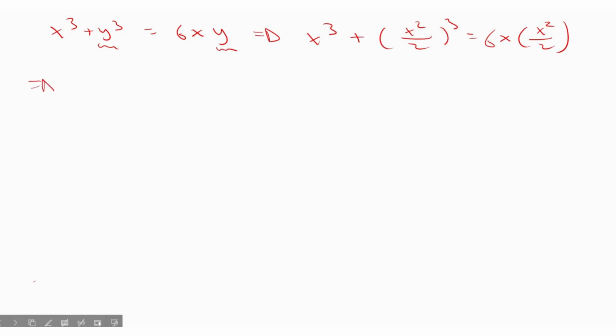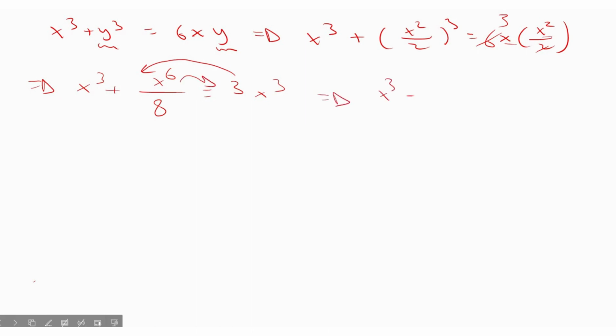Now here we can do some simplifications. This will become x cubed plus, we know x squared power 3 is going to be x power 6 over 8, 2 power 3 is 8. And here 6 over 2 is 3. So this will be 3x cubed, because here we have an x and here we have an x. Now if I take this 3x cubed to the other side, and we take x power 6 to this side, this is what we will get.